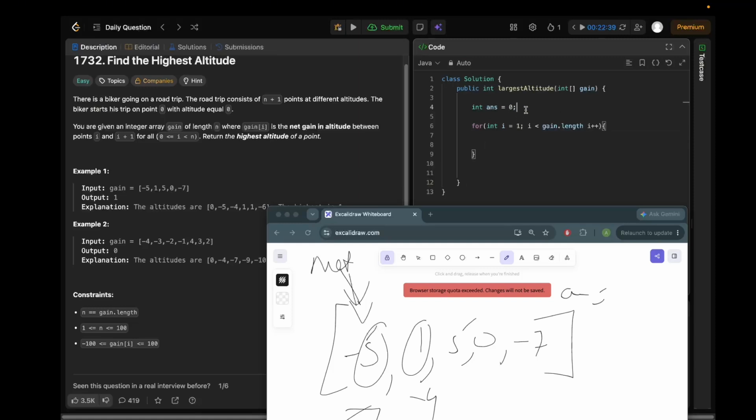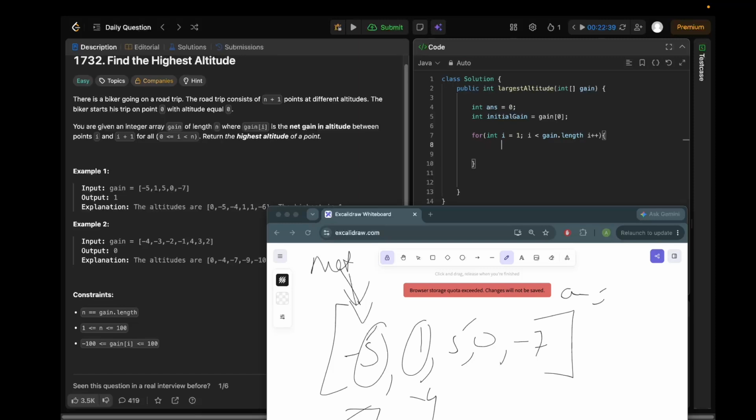And then let me have integer initial gain equals to, are we given initial gain equals to the first value, right? And then what do we do?